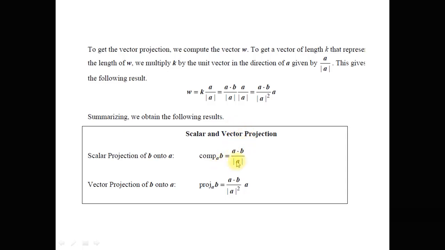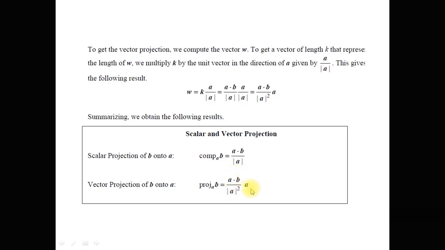This expression gives a scalar component, and this expression gives a vector result. A dot B is a scalar, A magnitude is a scalar, so scalar divided by scalar again gives a scalar.